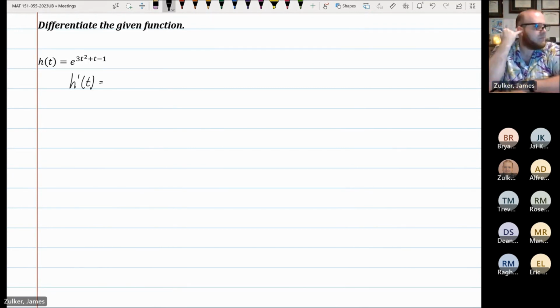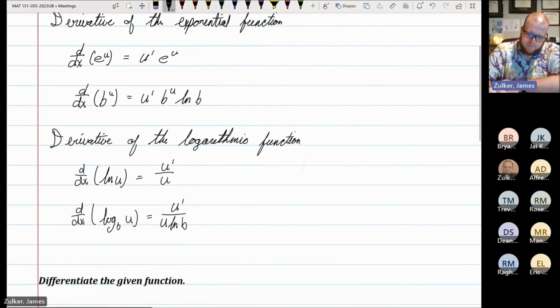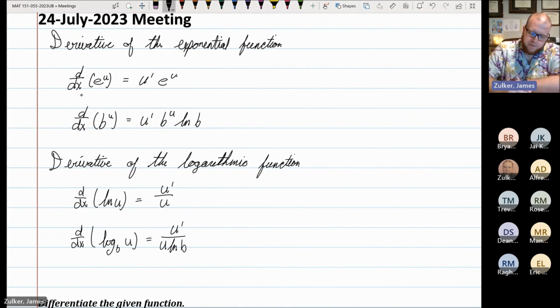H prime will be u prime, so the derivative of the exponent, and then times the original function.